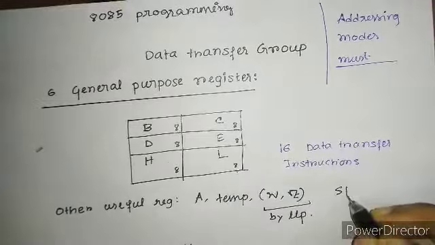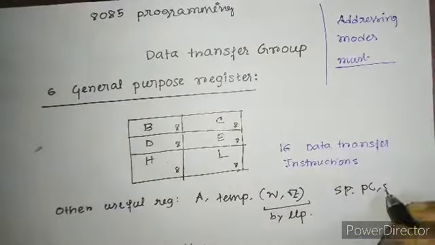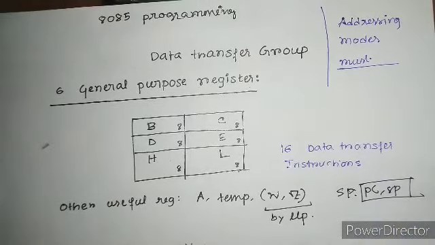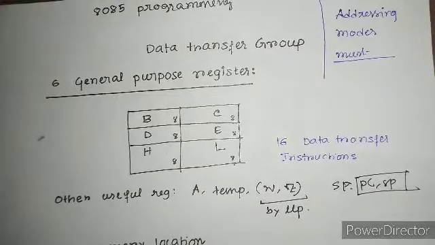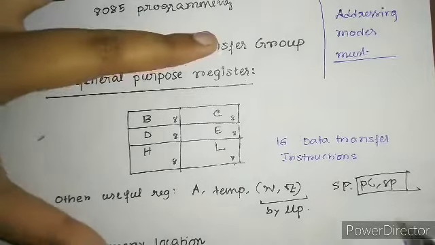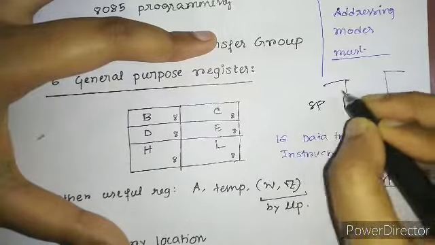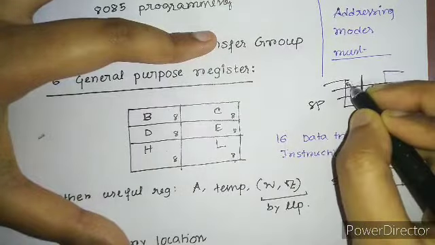And the special purpose registers like PC and SP. What does PC do? PC gives the address of the instruction to execute next. And SP is the stack pointer. The stack pointer holds the address of the top of the stack.